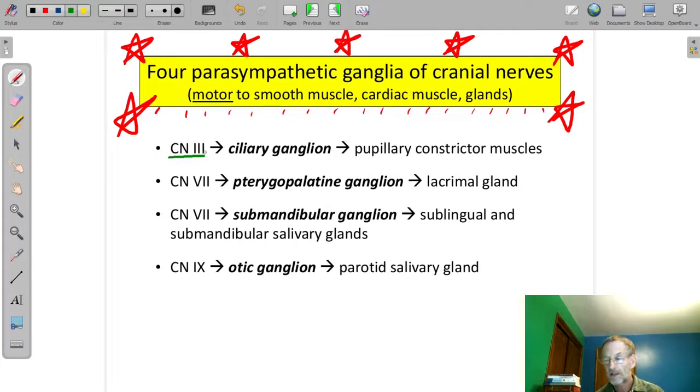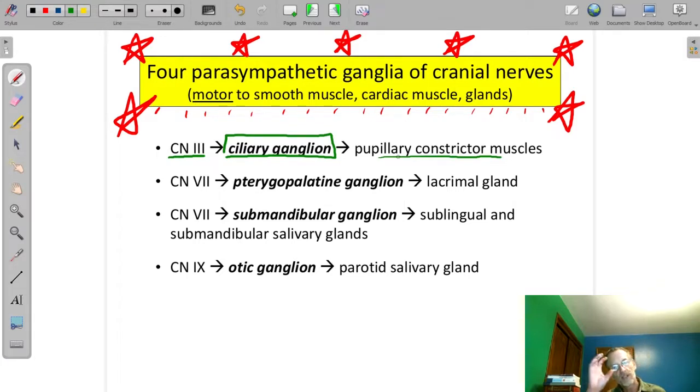Well, it's carrying somatic motor fibers to four of the extrinsic eye muscles to move the eyeball around in the socket, in the orbit, but it's also carrying parasympathetic fibers that are going to synapse in the ciliary ganglion, and then the postganglionic fibers are going to go out to the eyeball, and specifically that smooth muscle which causes the pupil to constrict.